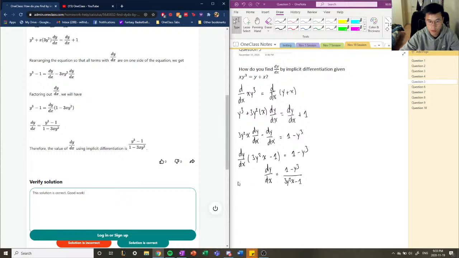We notice that our derivative in the end is a function of both variables. In explicit differentiation, the derivative is a function of your independent variable, but here we have both dependent and independent variables because we're unable to isolate for y.